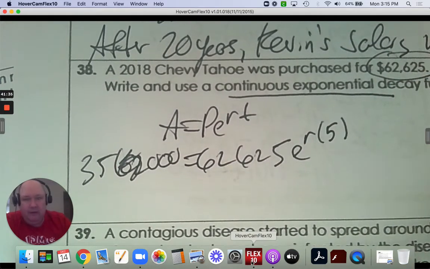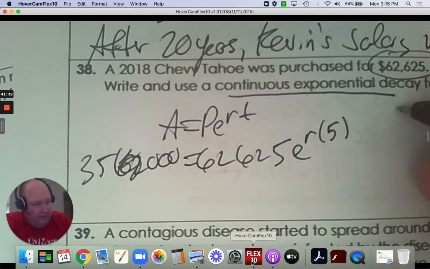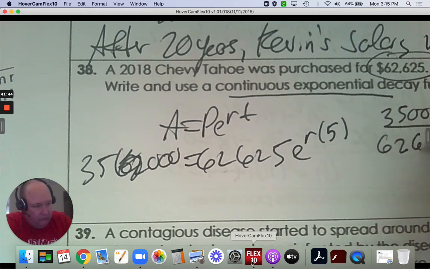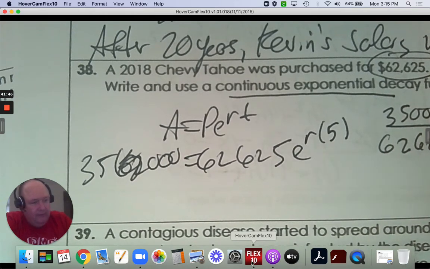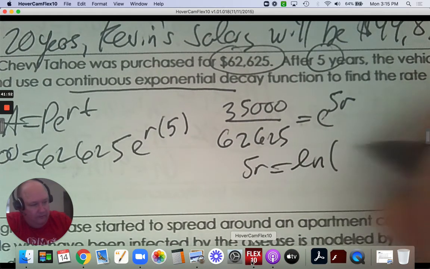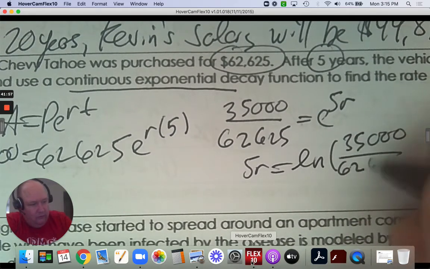Okay, so now we're going to get R by itself. So first we're going to divide. So it's 35,000 divided by 62,625. And then we're going to write this as a logarithm. So it's 5R equals ln 35,000 divided by 62,625.